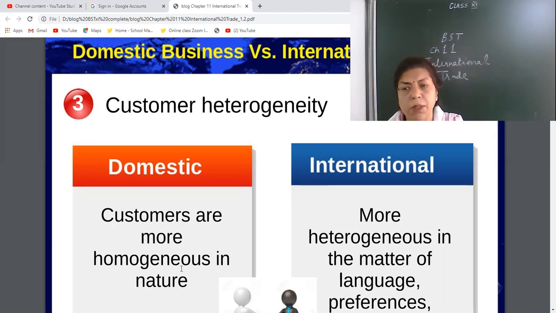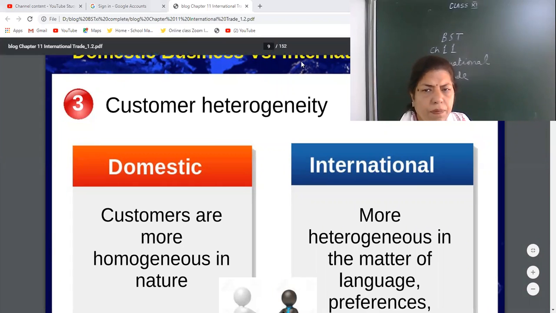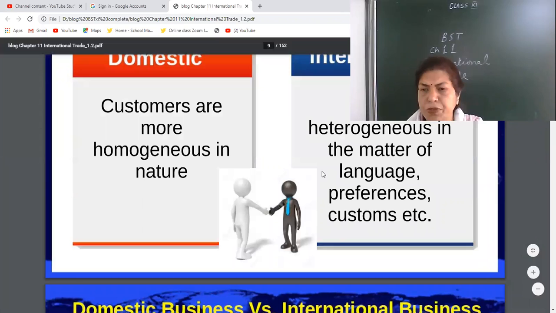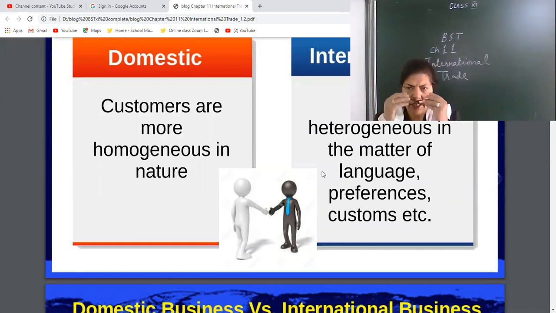But in international business, the demand of food in China is different from the demand of food in India. So they are heterogeneous. Language, preference, custom, food, dress, culture, tradition, everything is different in international trade.